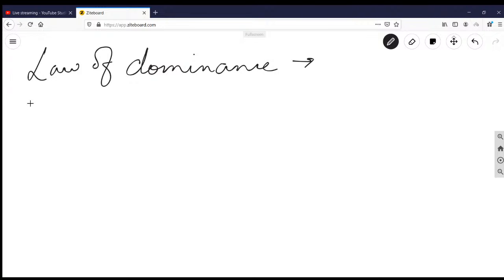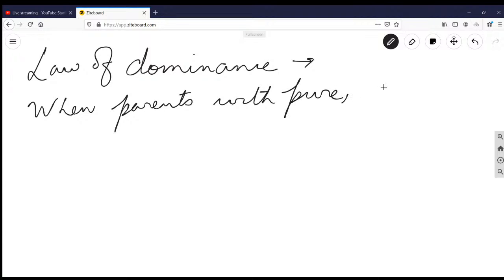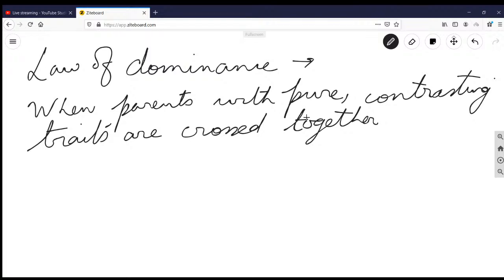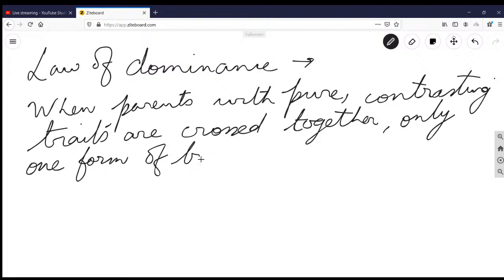The definition is: when parents with pure breed or pure contrasting traits are crossed together, only one form of the trait appears in the next generation.